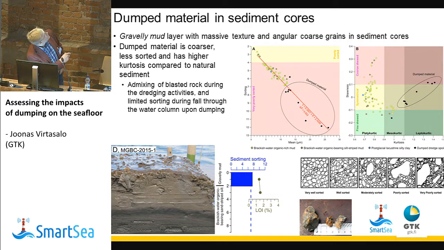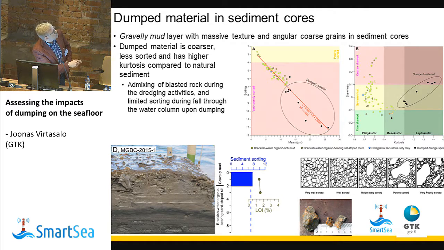Then looking at the grain size diagram, here on the x-axis we have the mean size of the sediment grains in a particular sample, and on the y-axis we have sorting. When you have well sorted sediment, the grains are more or less of the same size.